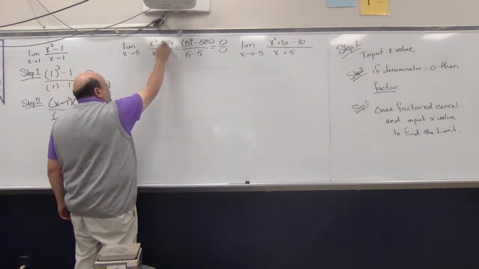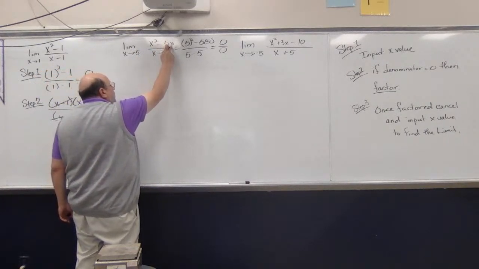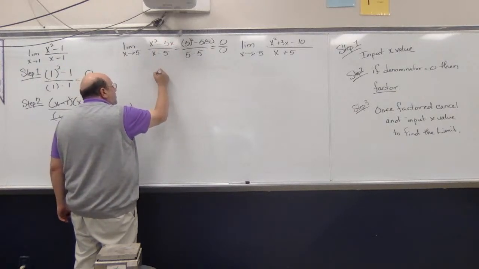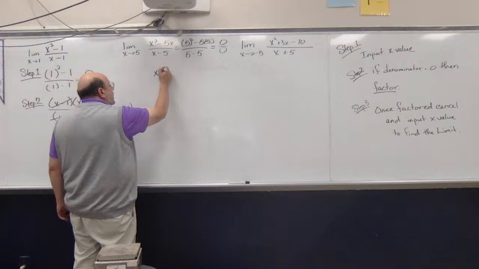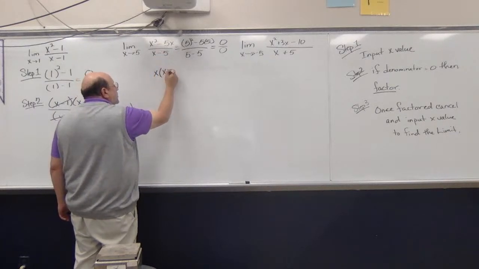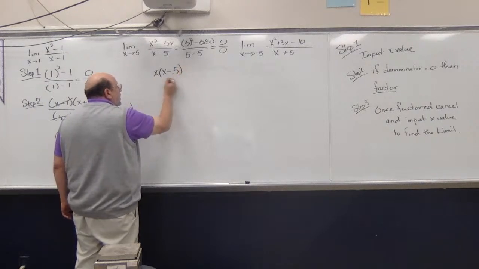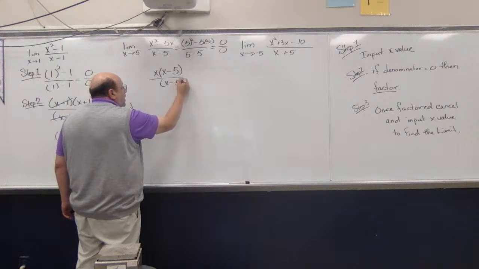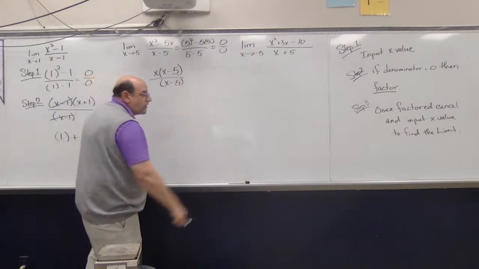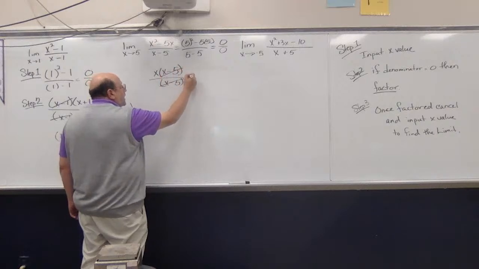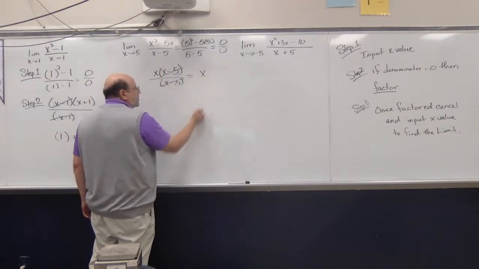All right, well, I have to do work. Well, this is factorable, right? There's an x squared here and a 5x here, so I can factor out an x. So I'll take out an x. I'll divide x squared by x, and that's x. 5x divided by x is 5. Oh, that looks nice and fancy. All over x minus 5. And then just like it says in step 3 over here, I'm going to go ahead and cancel what I can, and what I'll be left with is x.